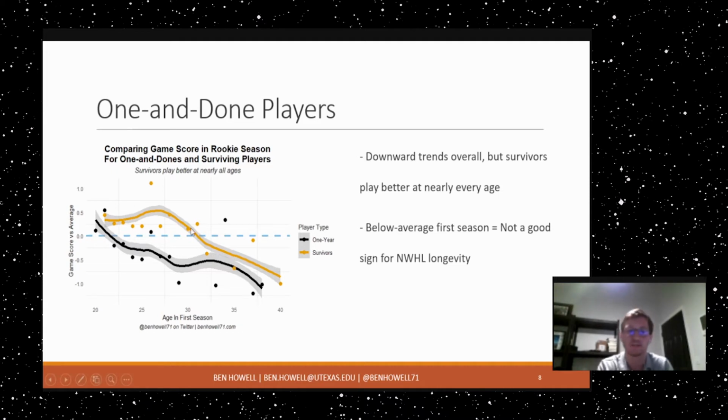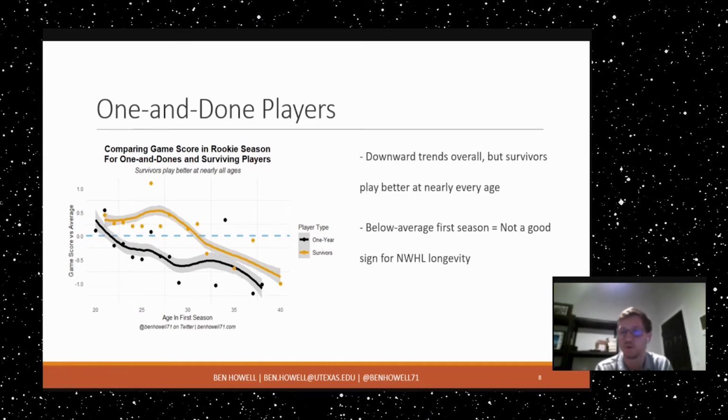But we do see that with only a couple of exceptions, at almost all ages, one and done players are A, below average, and B, below their surviving counterparts. The couple of instances where they perform better than survivors are at around age 21, where we have a very small number of players, and things like age 34, where there were no survivors who had their first season at 34.